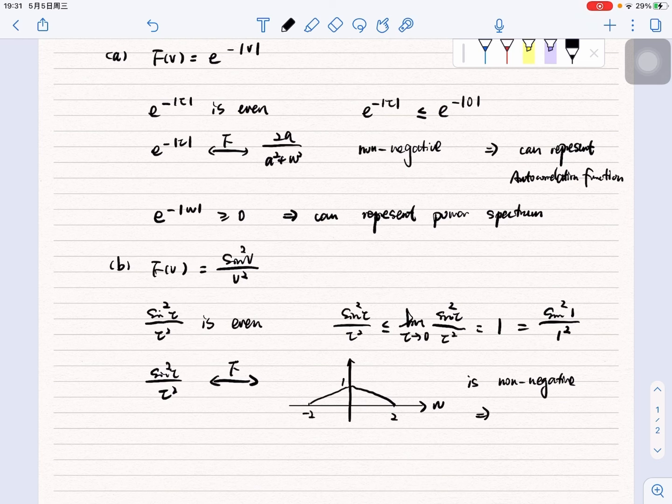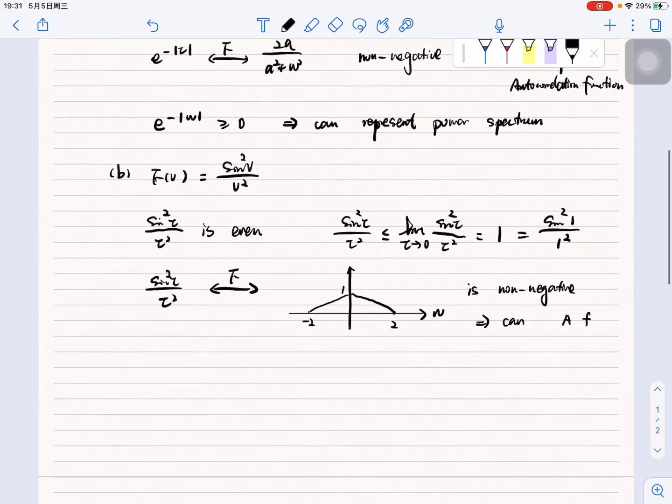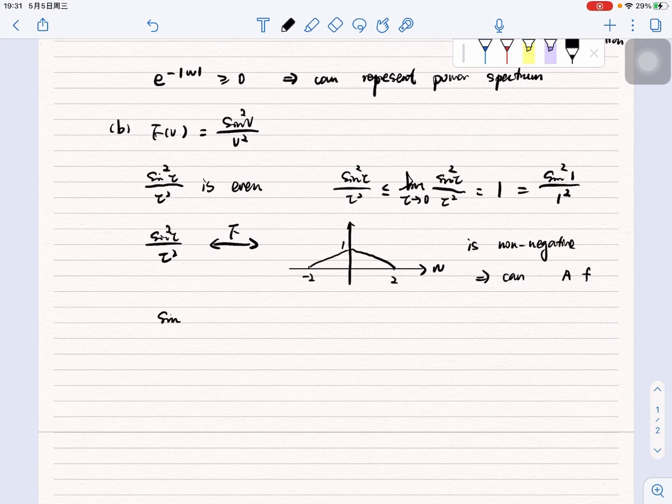Therefore, we know it can represent an autocorrelation function. And we also have sine omega squared over omega squared. It is always larger than or equal to 0. So it can represent the power spectrum.